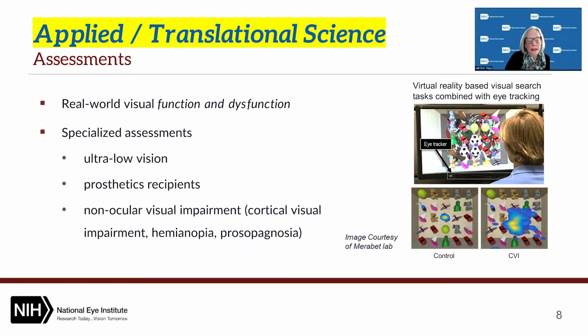The assessment that he devised harnesses virtual reality to create simulations that are more comparable to the kinds of visual environments that are challenging for these kids with CVI. So, for example, being asked to find a toy in a crowded toy box.